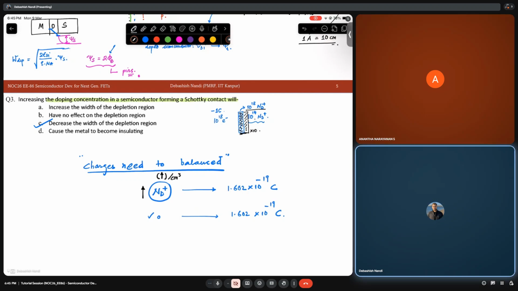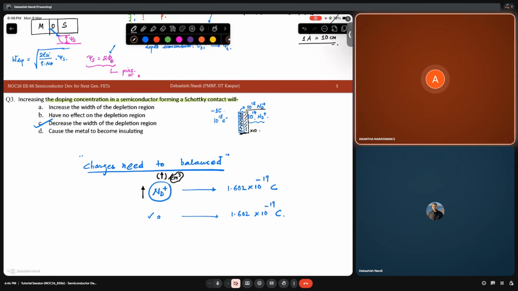No. See, space is coming in the denominator, right? It is the concentration. Nd plus increasing means in the same region, I am packing more number of ions. I am not changing the space. Okay, so it's occupying a smaller volume.